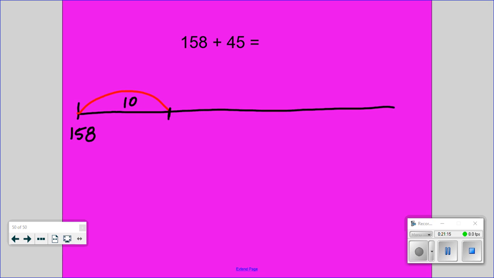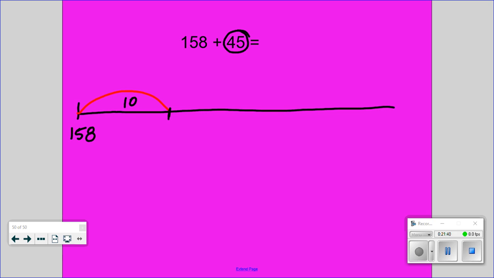Eliana, where are these 10s coming from? You just making them up? It's coming from 45. The number of jumps that I have to do is going to add up to that 45. And if I'm jumping by 10, I'm only going to do 4 10 jumps.